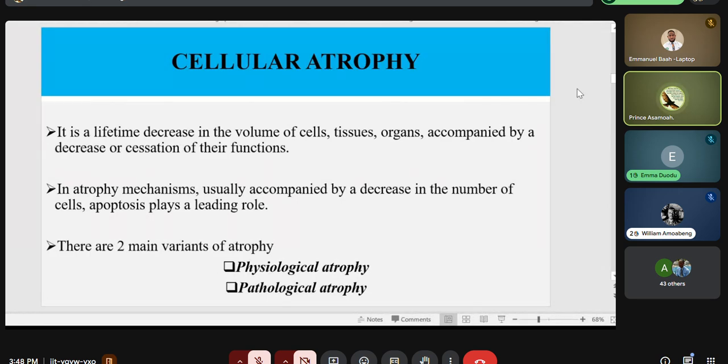In fact, normal atrophy, if you really want atrophy that is very observable, is going to take quite a long time.